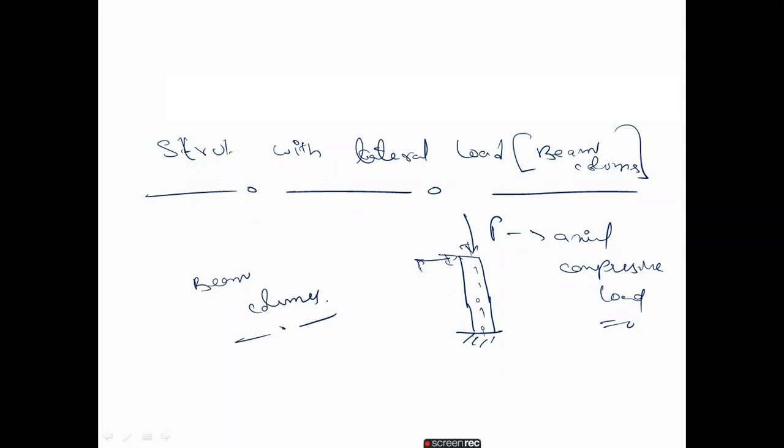If the columns are also subjected to a transverse load, or sometimes a horizontal thrust, we call it a beam column. Generally, these transverse loads are uniformly distributed over the entire member.